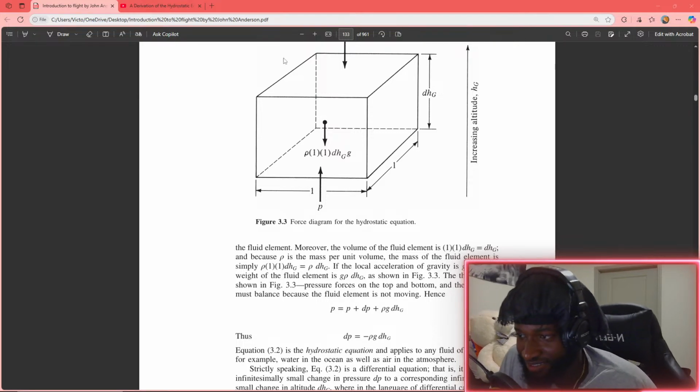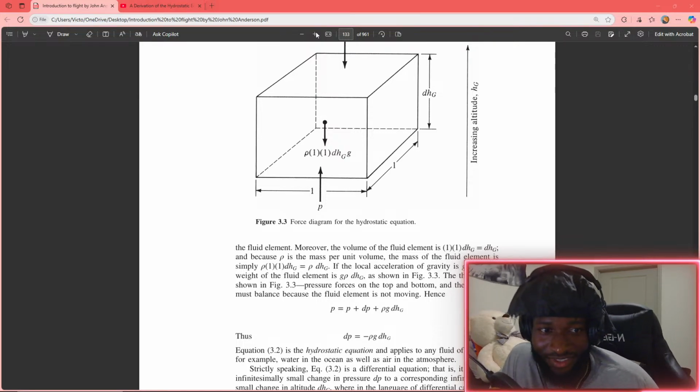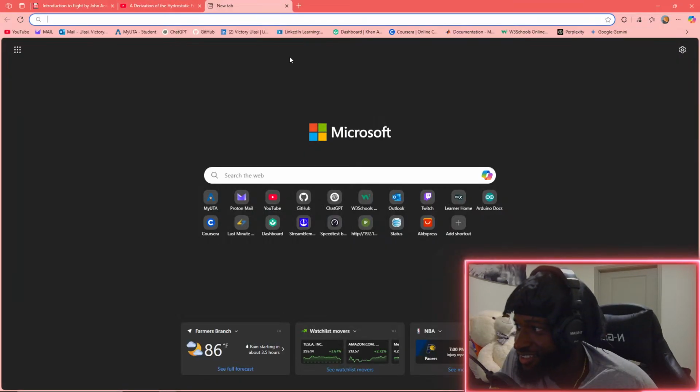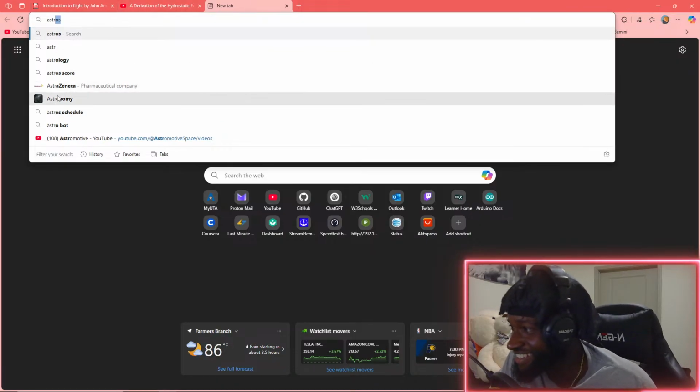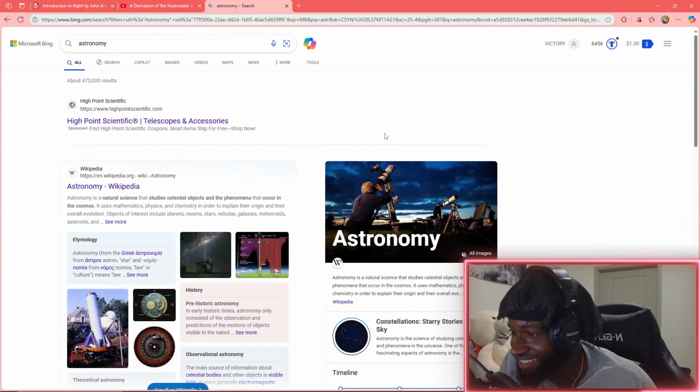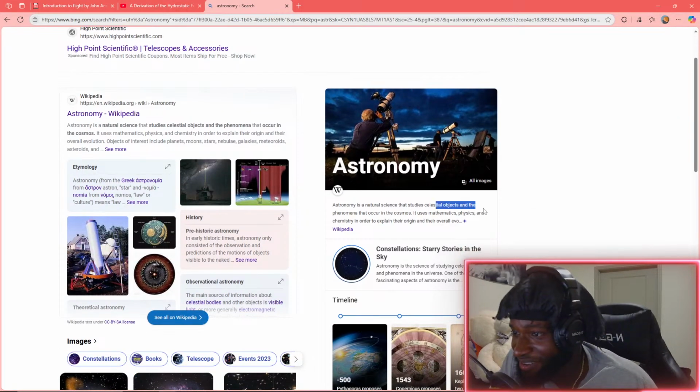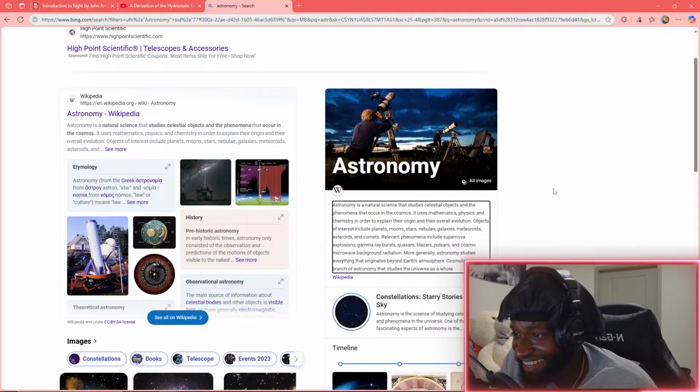Isn't that like, how do I not know what astronomy is? That's like the stars and stuff, no? It is, right? Astrology is different, it's like the galaxy, right? The study of the celestial objects, okay. In the cosmos. I mean, it's kind of tied in, I guess. Yeah.